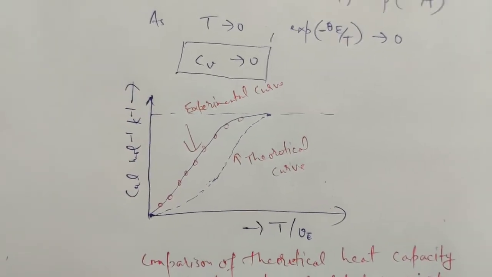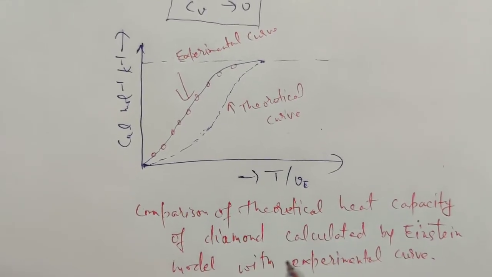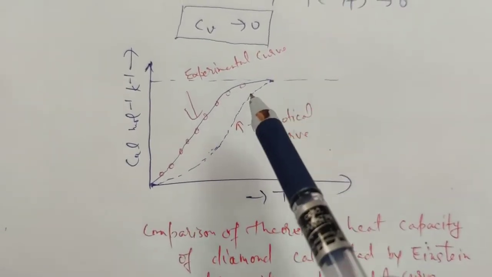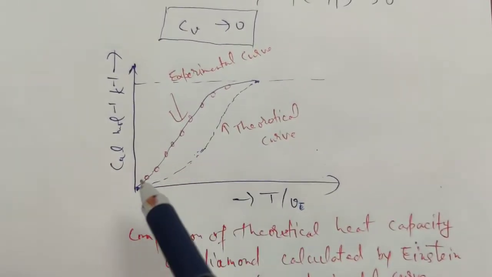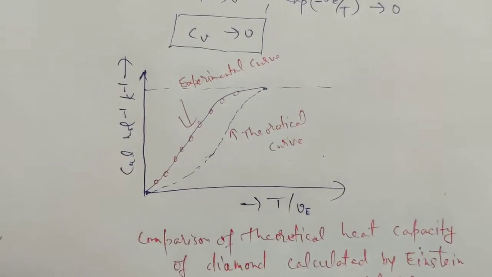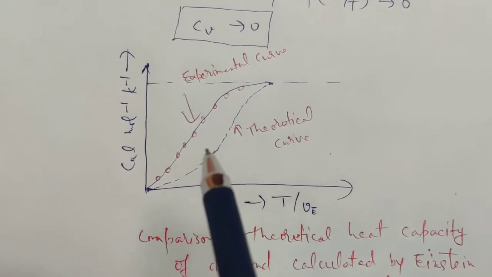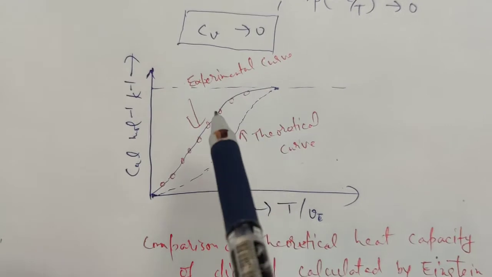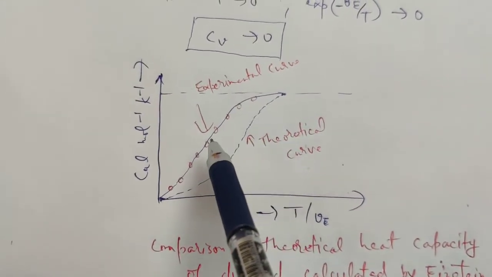But when you compare the heat capacity of diamond using the Einstein model with the experimental observation, we see that at low temperature the specific heat is experimentally found to be proportional to T cube.